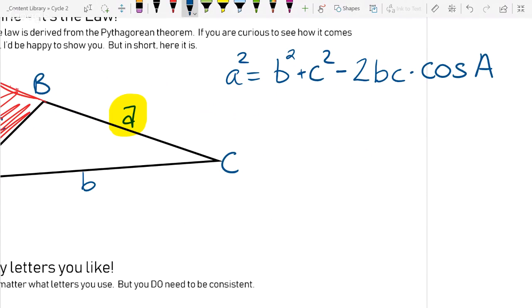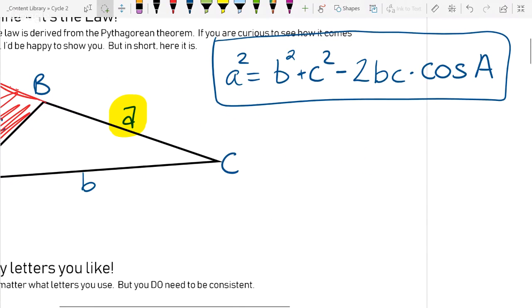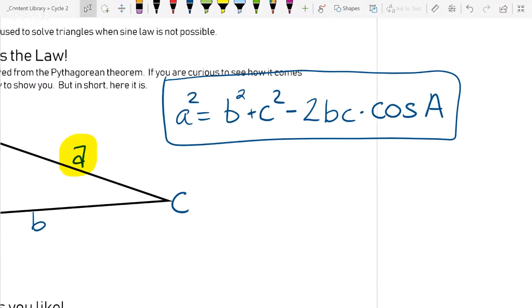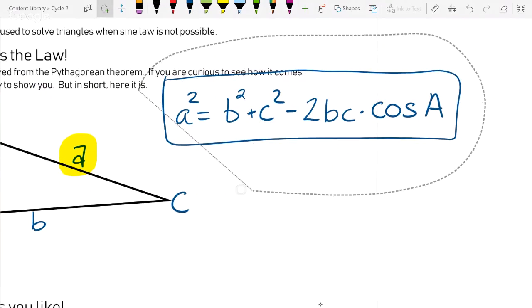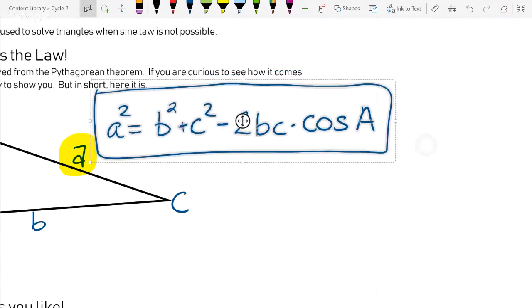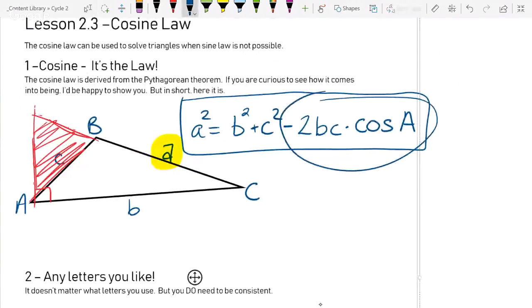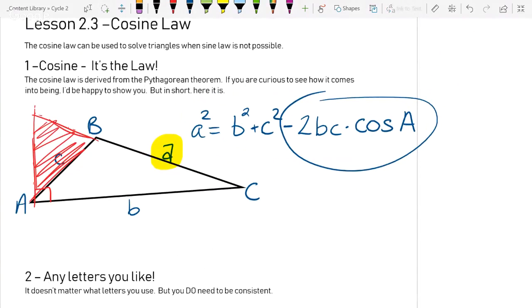Good. So that is the cosine law. You get the minus 2BC. All right, so that's the equation. Where it comes from, I can show you. It's actually just geometry. Basically, this here can be worked out by figuring things out about this triangle.